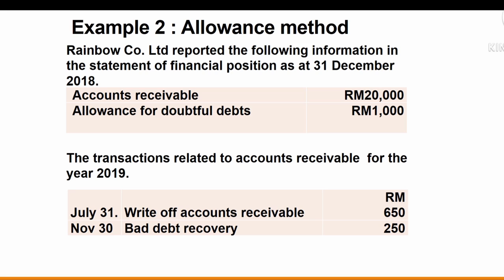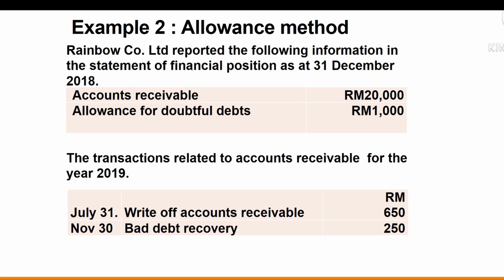The transactions below relate to account receivable for the year 2019. On the 31st of July, the company writes off account receivable with the amount of 650, and on the 30th of November, bad debt recovery, or in other words, the customer wants to pay their debts.